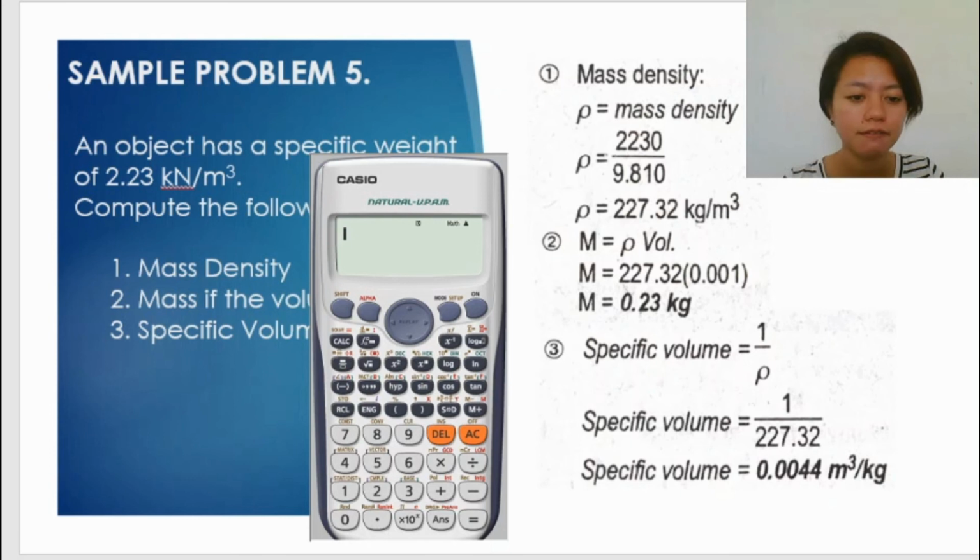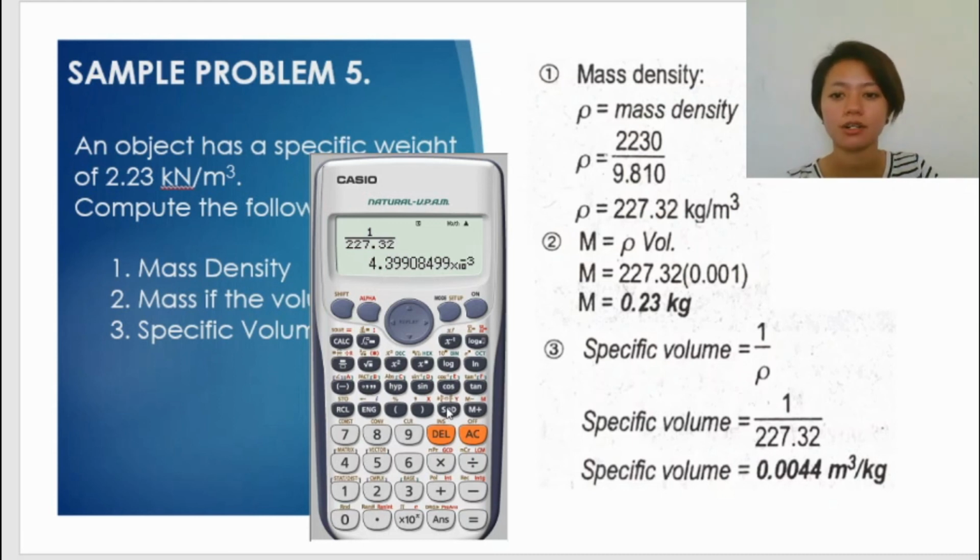So, we have 1 over 227.32. So, we have 4.40 times 10 to the negative 3 cubic meter per kilogram.